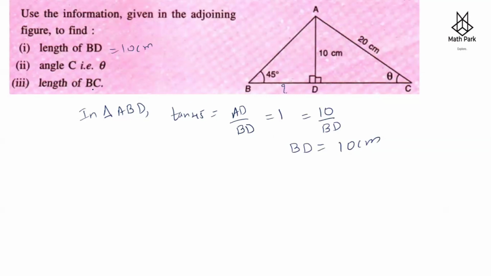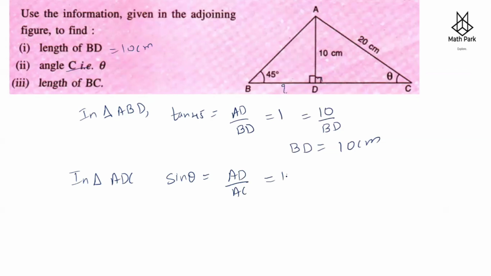Now, we have to find the angle C, that is theta. With respect to theta, we have opposite and hypotenuse. This is hypotenuse because it's opposite the 90 degree. So, opposite and hypotenuse, which ratio? Yes, sine. So, for triangle ADC, we use sine theta is equal to opposite to theta, which is AD, and hypotenuse in this triangle is AC.